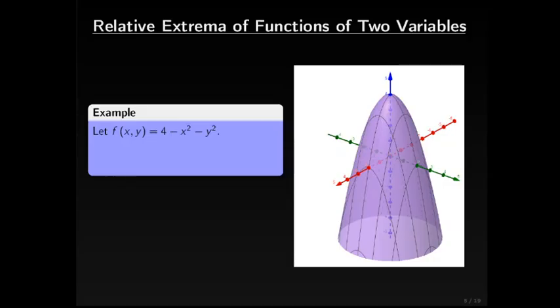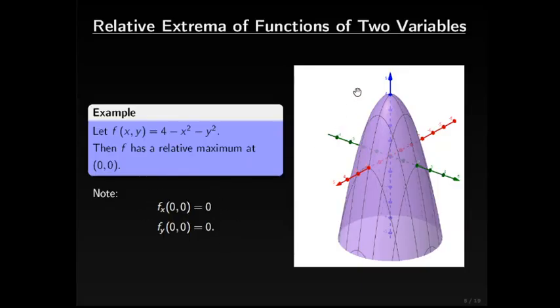As an example, we consider f of x, y equal to 4 minus x squared minus y squared, which is this paraboloid. It's easy to see that f has a relative maximum at the origin. Also, we note that the values of the first order partials at the origin are both 0.